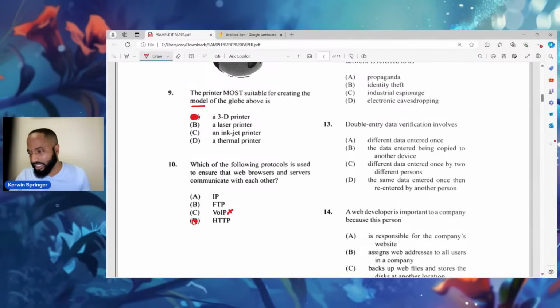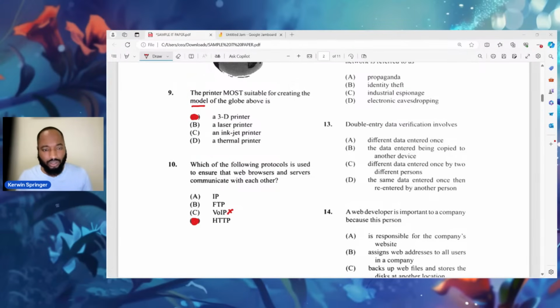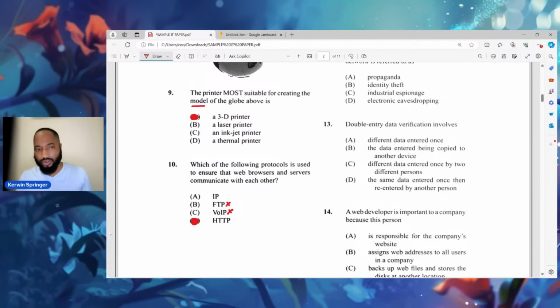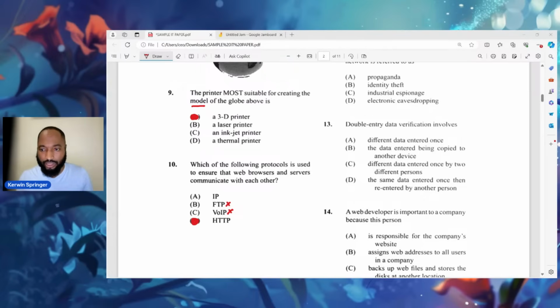Let's answer D. What does HTTP stand for? So it's not C, it's not B. Hypertext transfer. Let's see my chat earlier.